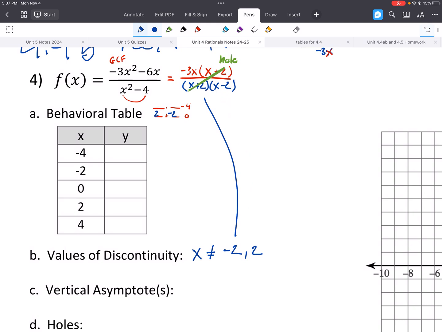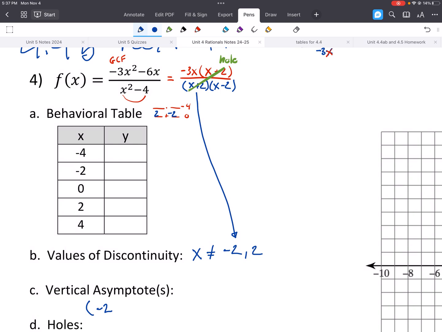So then we'd say, yes, we've got a hole when x is negative 2. That's always kind of tricky, especially when they're the same, like 2 and negative 2. So just remember, when we're doing the hole, we're still trying to find what makes it 0.